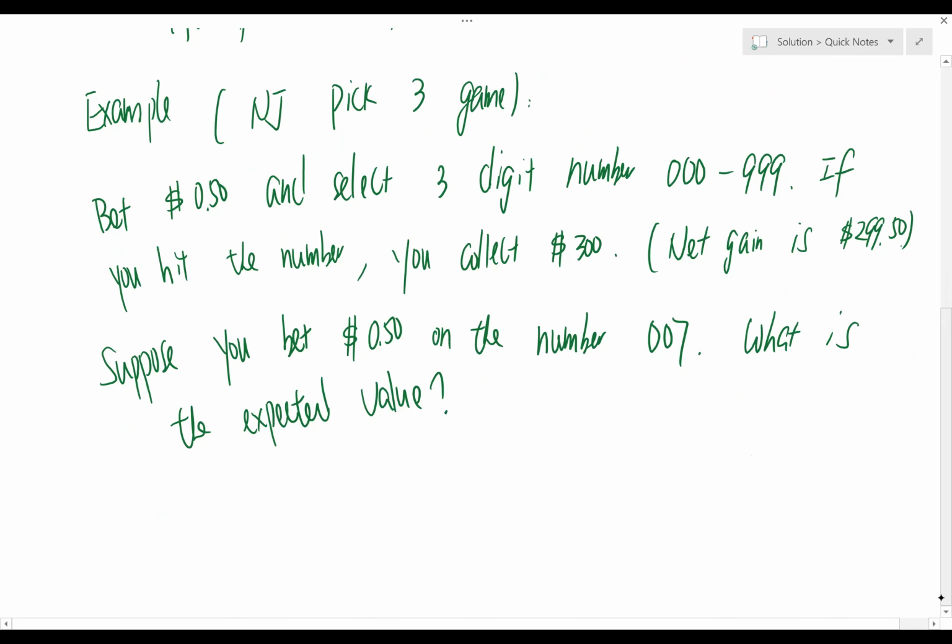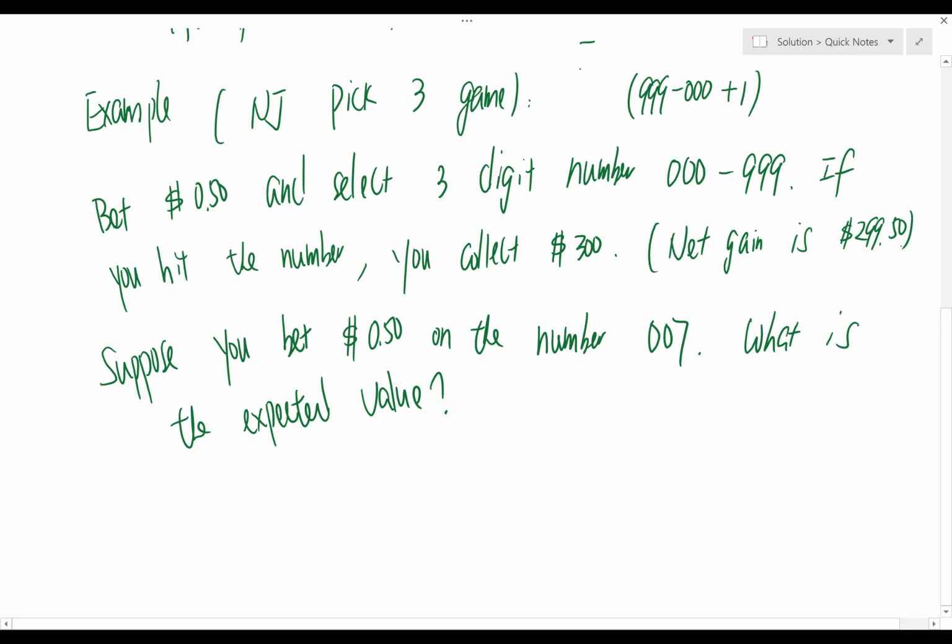So we need to think about this whole situation. This New Jersey Pick 3 game has numbers from 000 to 999, so that should be 1,000 numbers. The way you determine how many numbers there are is by taking 999 minus 000, ending number minus beginning number, and adding 1.